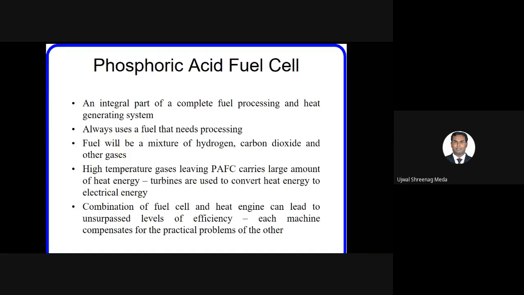But if you use it as a combined heat and power system, this additional heat generation or additional power generation because of the waste heat will compensate for the low efficiency of the PAFC. So combination of fuel cell and heat engine can lead to unsurpassed levels of efficiency. Each machine compensates for the practical problems of the other.